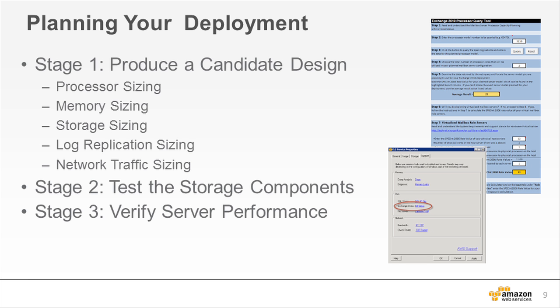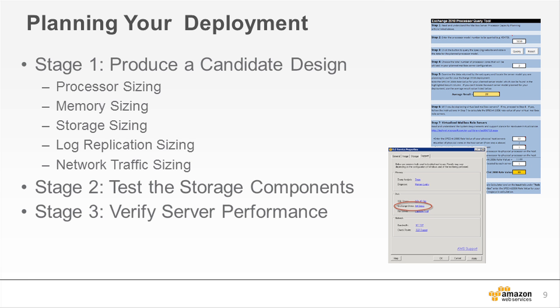Once you have produced the candidate design and you deploy this candidate design into production, you want to test the storage components specifically. Will they perform to the degree of what you anticipate the IOPS are going to be in that environment? So using the usual tools like JetStress in that environment is going to be a key part for you to verify that the design that you have and the architecture that you have created will perform as expected.